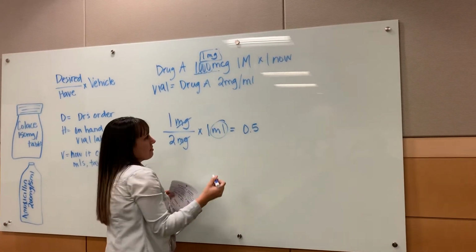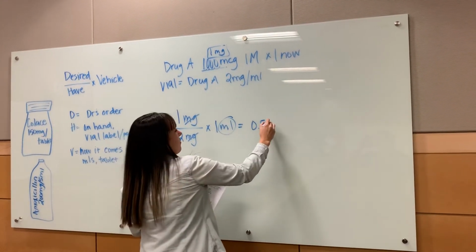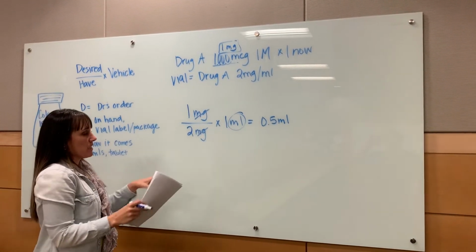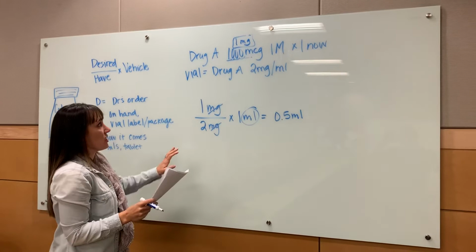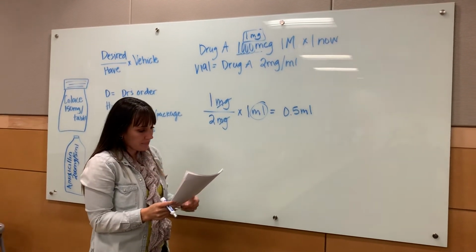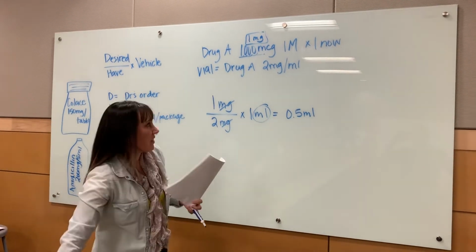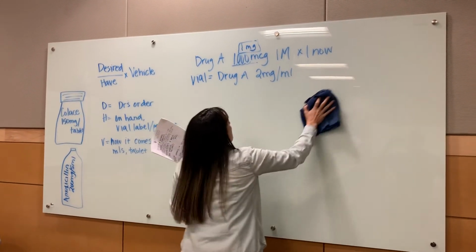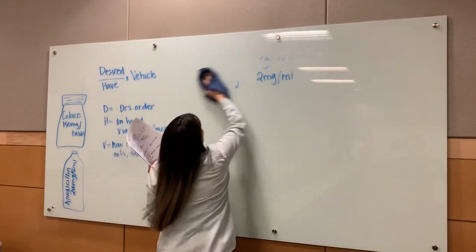This is the only thing that's left, and that's what we wanted. Mils. So 0.5 mils is what the nurse is going to draw into the syringe in order to give 1 milligram of drug A. Okay? So that is a really simple drug calculation on how to use desired over have.